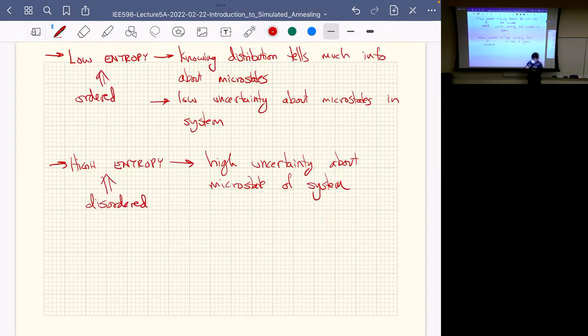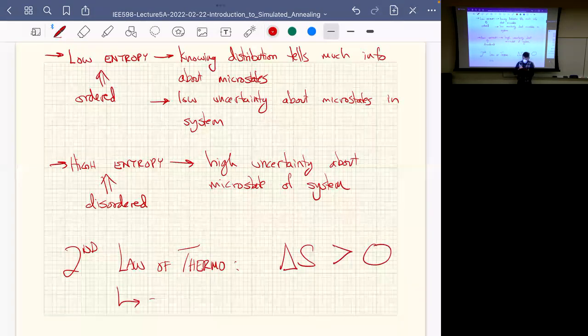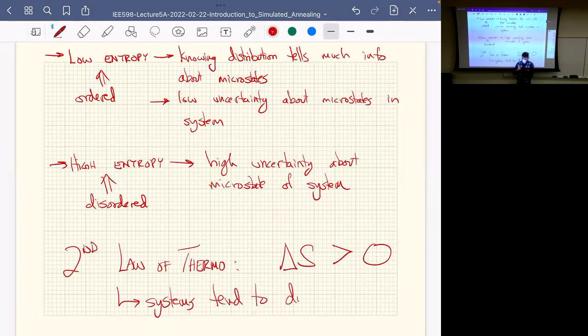And the second law of thermodynamics can be summarized as saying that the change in entropy tends to be positive, which means systems tend to disorder, or higher entropy.